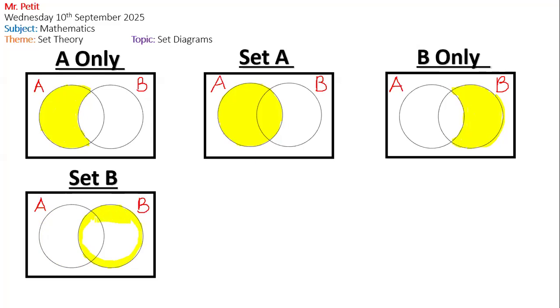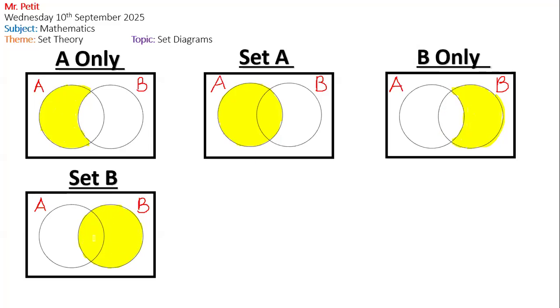So all of set B. All of set B. All right. So for B only, we do not include the intersection. But for set B, all of set B, we do include the intersection. So all of set B, the whole thing.